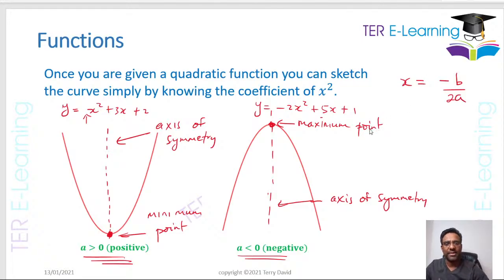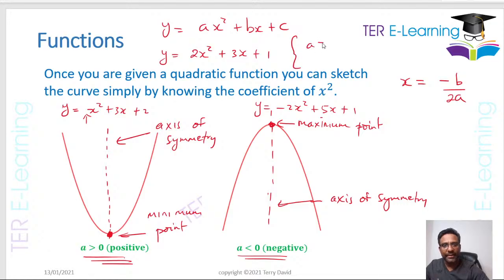But then somebody might say, where do you get b and a from? The quadratic function is written like this: ax squared plus bx plus c. So if you had an equation that looked like this, y equals 2x squared plus 3x plus 1, that means a is equal to 2, b is equal to 3, and c is equal to 1.